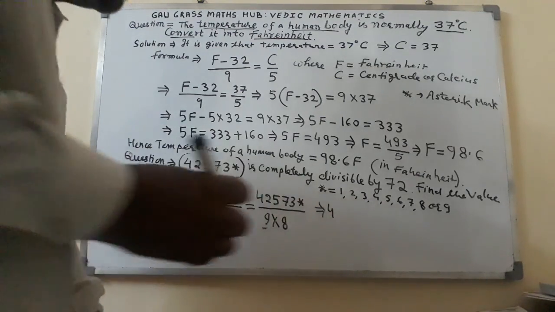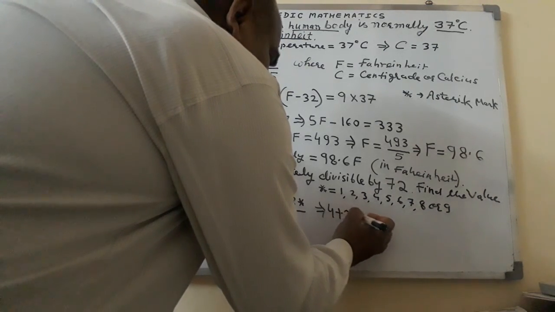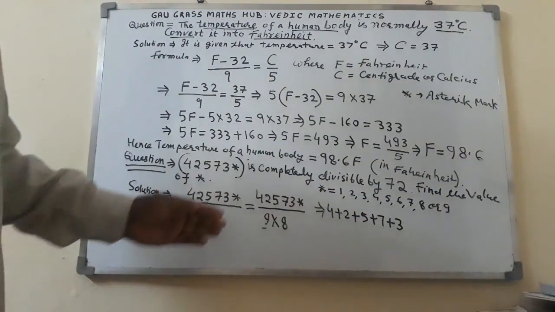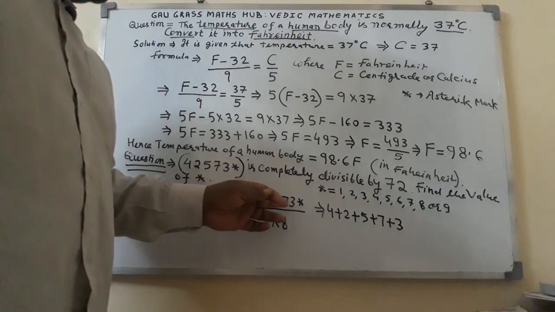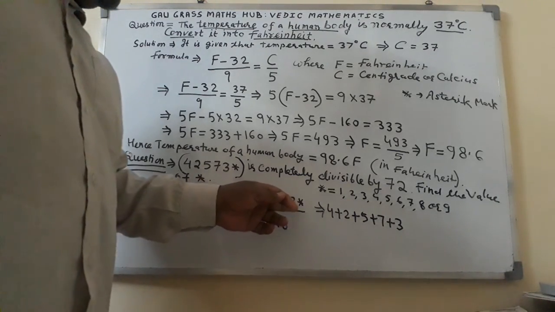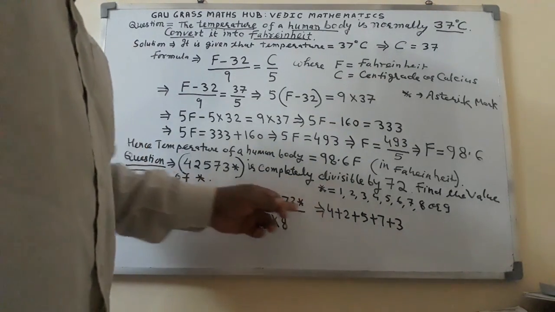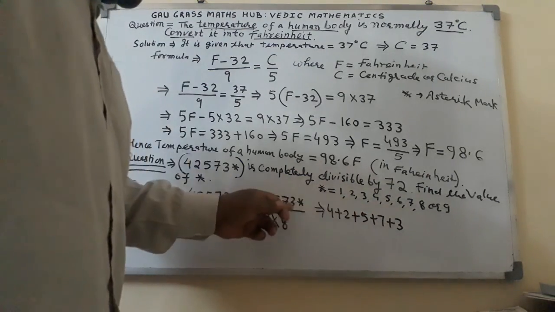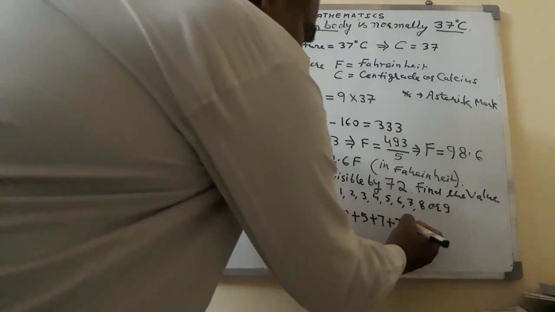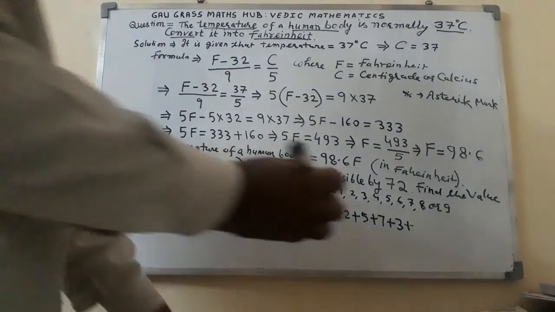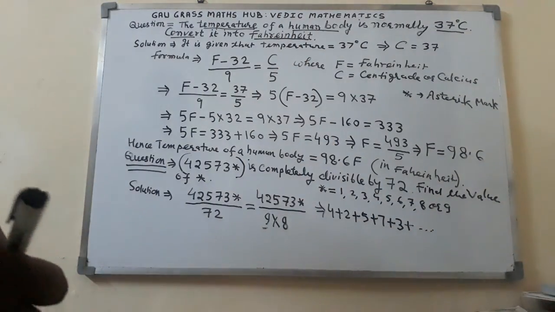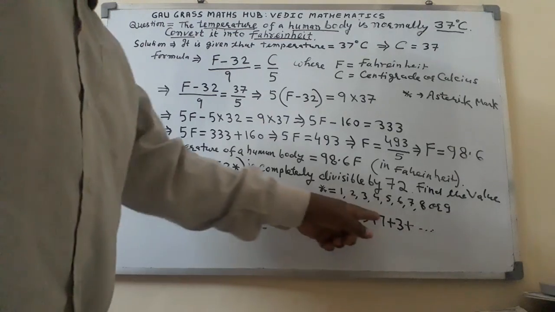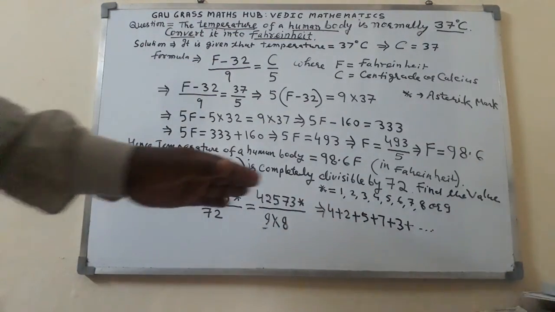You have to find the sum: 4 plus 2 plus 5 plus 7 plus 3, and here also one digit will fall, we don't know.